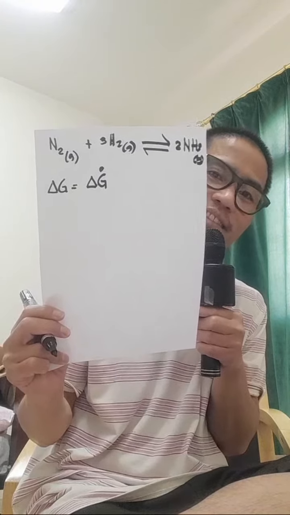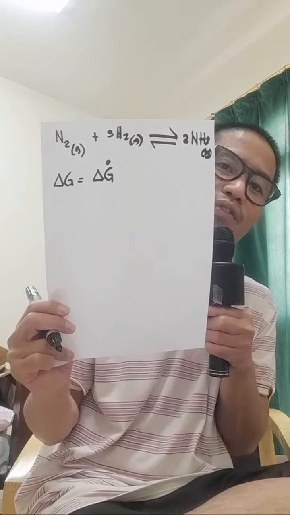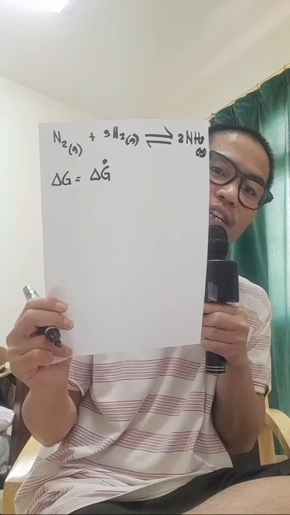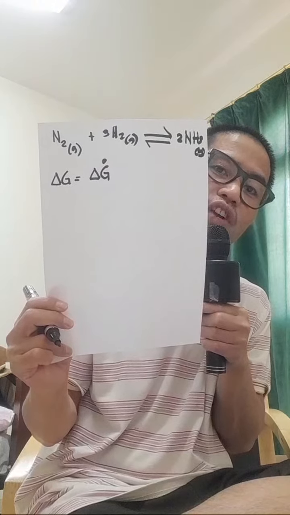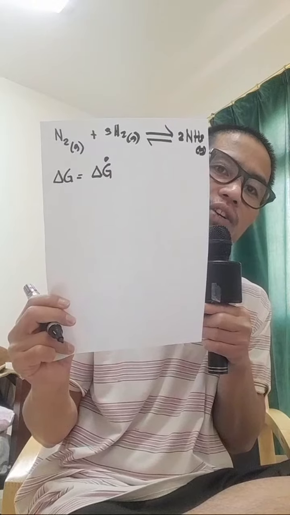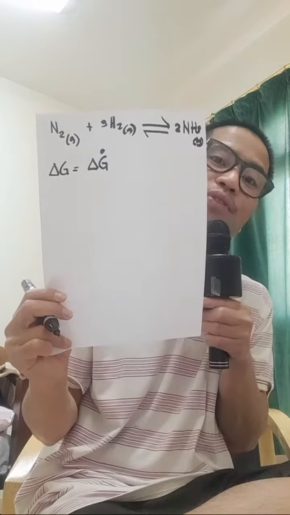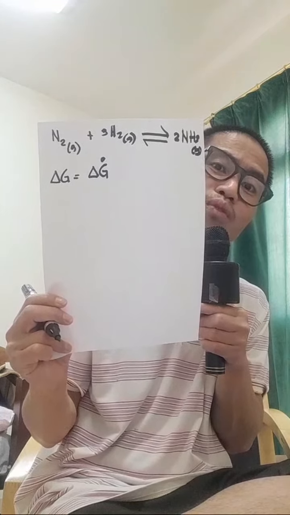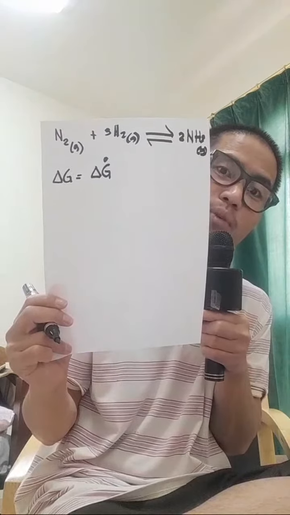In the present discussion, dealing with the second law of thermodynamics, especially entropy, enthalpy, and Gibbs free energy, if you put a small circle at the top of the capital letter, that would mean standard. If there is no standard being asked in the problem, then don't force the use of this, because it will become wrong.